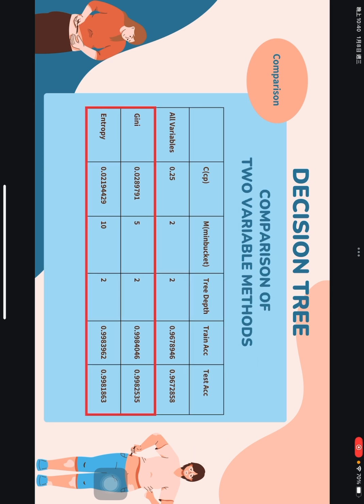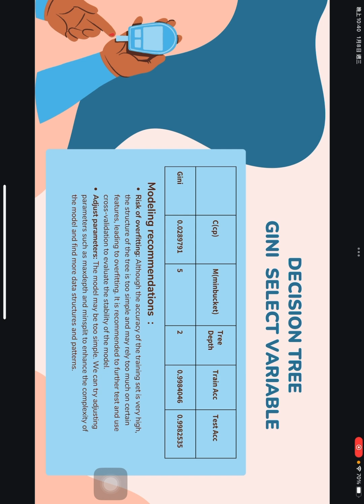Comparing the two models for selecting variables, we found that the accuracy of Gini's training and testing is higher than that of entropy. Based on the above results, I think the model prediction results constructed by Gini's variable selection method are the best, but it may encounter the following problems.